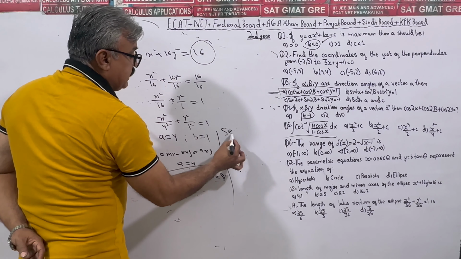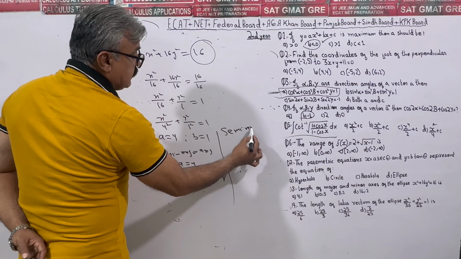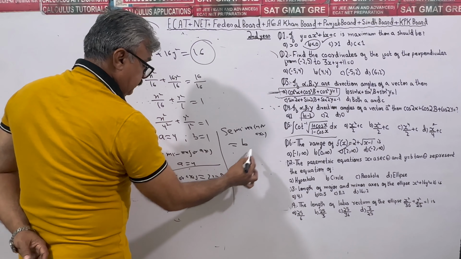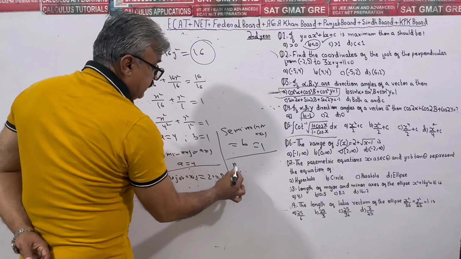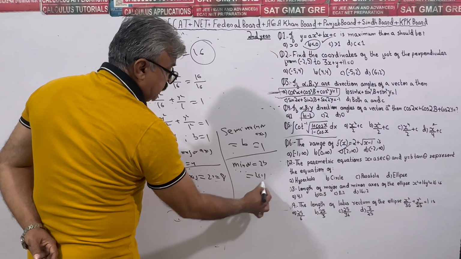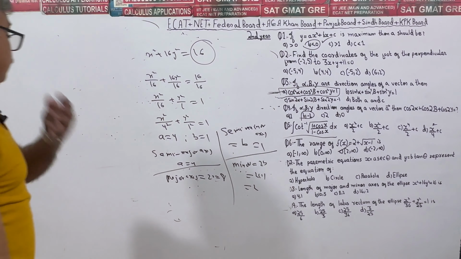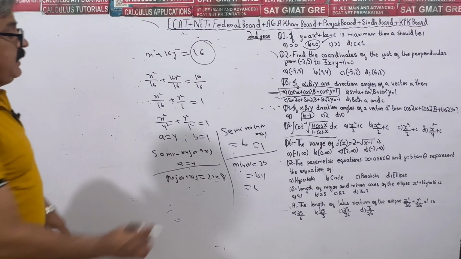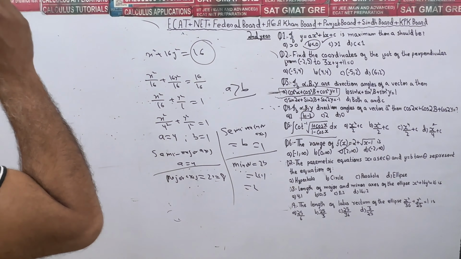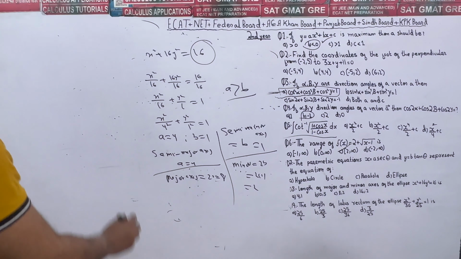Similarly, the semi-minor axis is b only, 1. The length of the minor axis is 2b, 2 times 1, so that's 2. That's the way of finding the major and minor axis, where a is always greater than b in case of ellipse. We are familiar. In the next question, we are asked to find the latus rectum.